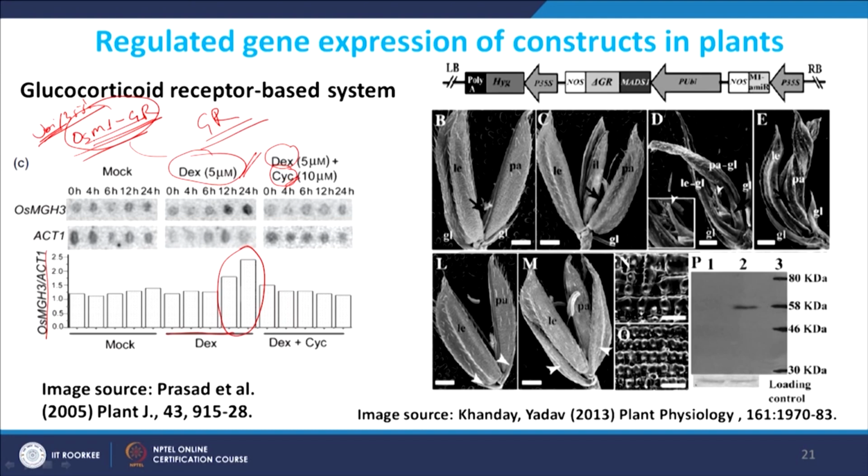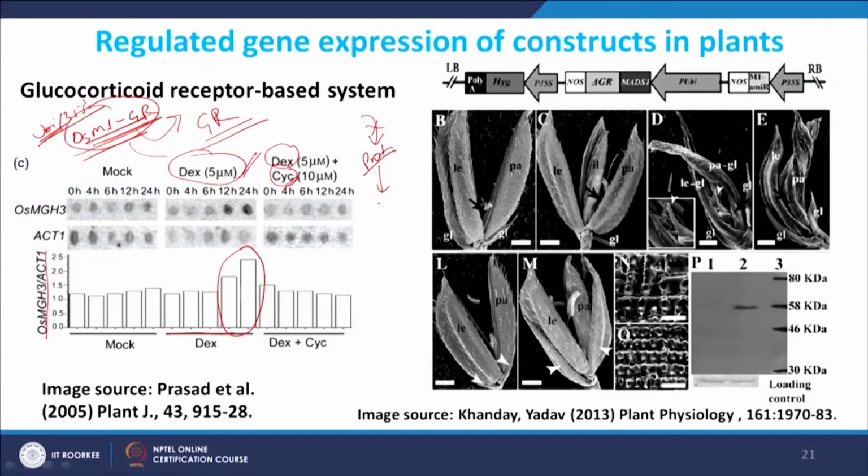In that case, whatever MATS1 delta GR protein is already made, only that will enter inside the nucleus and it will activate immediate genes, but those genes which are getting activated at the transcription level, those RNA will not make protein because there is cycloheximide, and if protein is not made, their target will not be activated.